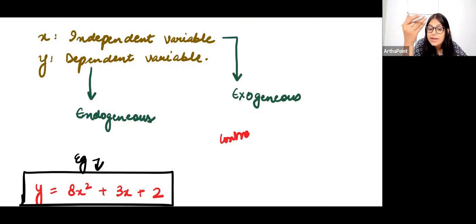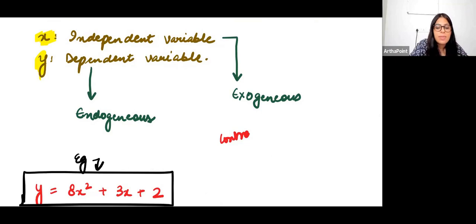Okay. Now, this is something I've already mentioned to you, that x is always the independent variable and y is the dependent variable. So y depends on the value of x. X is exogenous. It is defined outside the model.